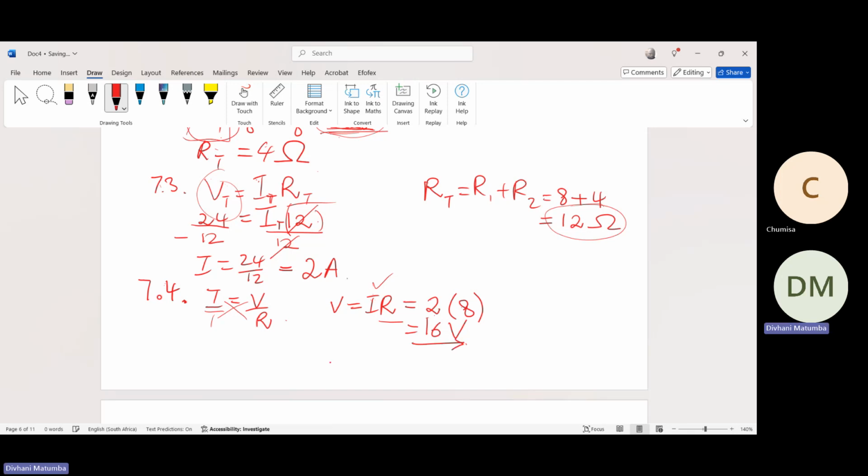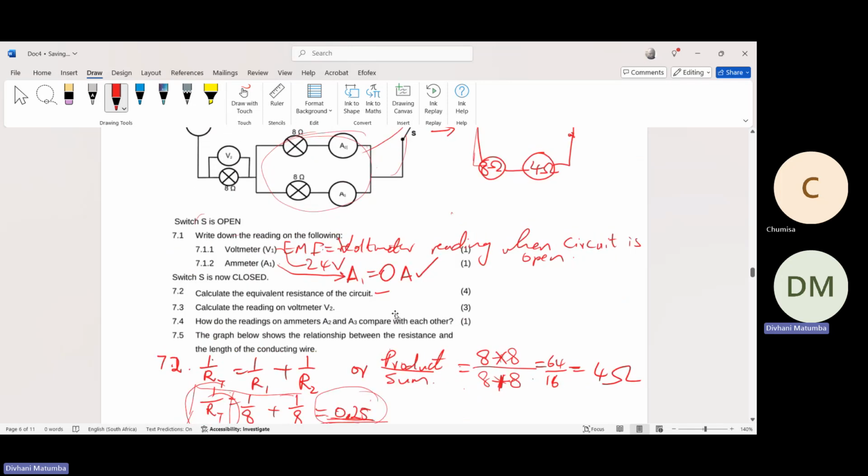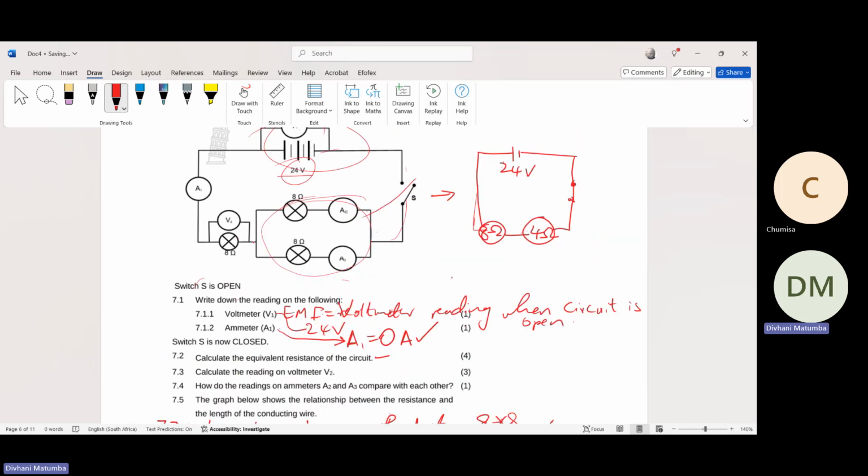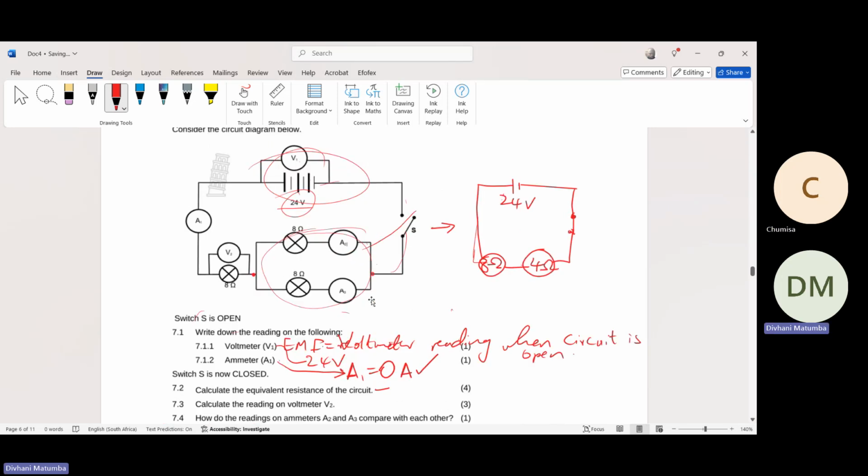And then the rest of the voltage will come to the parallel connection. Since the total is 24 and only 16 volts was used, how much do we have left?